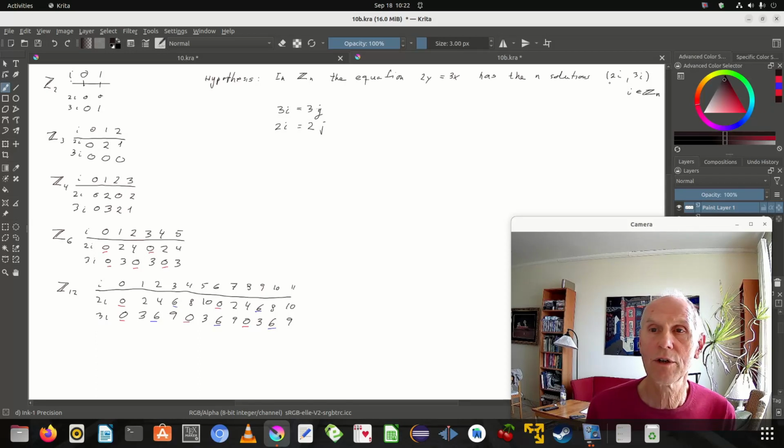In that case, we have two elements of Zn which give the same. Subtracting these equations, we get i equals j.